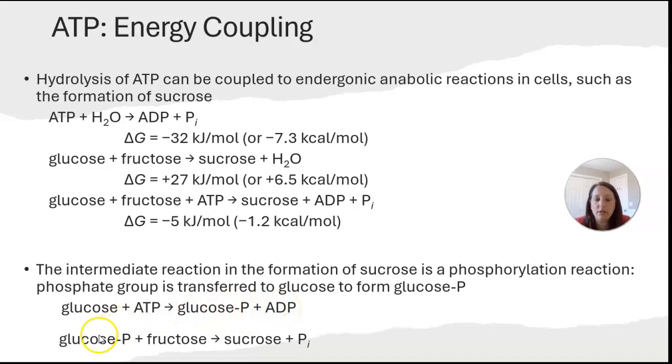Now that phosphorylated glucose can combine with fructose to form sucrose, and we end up with that inorganic phosphate coming off of the glucose molecule. Again, a transfer of energy happens due to the transfer of that phosphate group. The energy from the bond between the second and third phosphate group of ATP is transferred to glucose. That's called energy coupling. Exergonic reactions can drive endergonic reactions as long as the change in free energy is still negative overall.